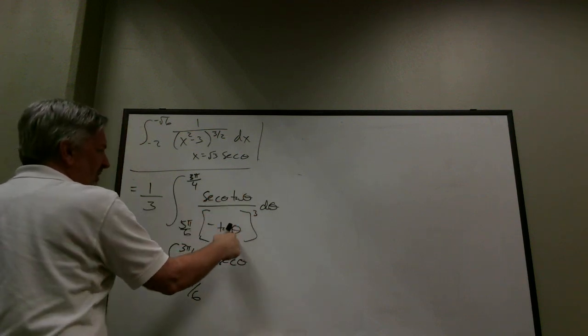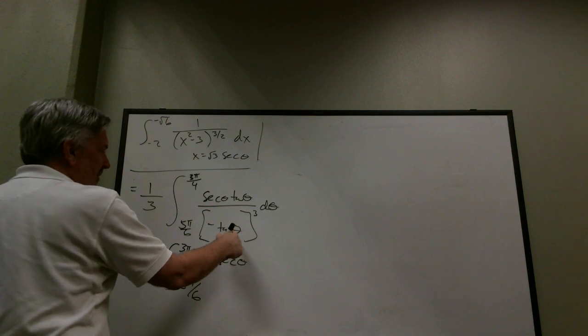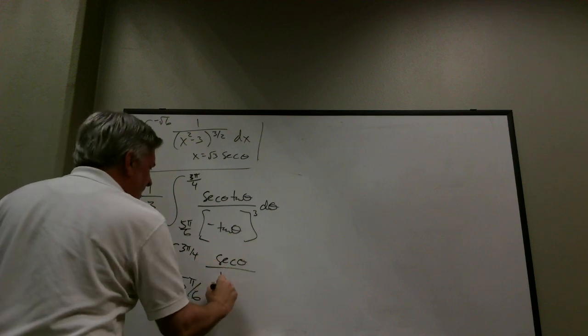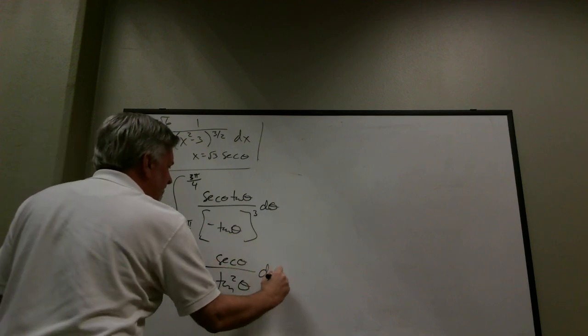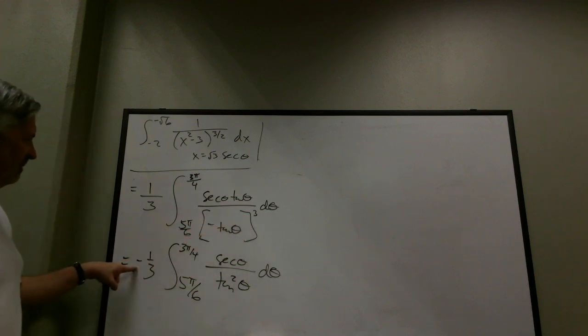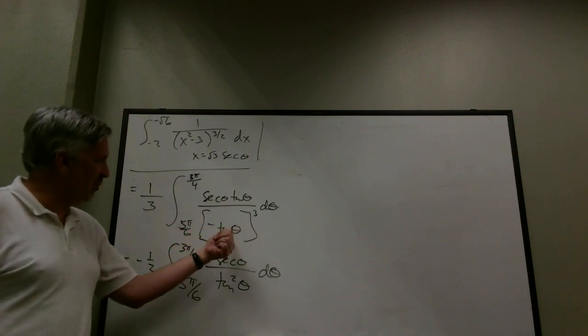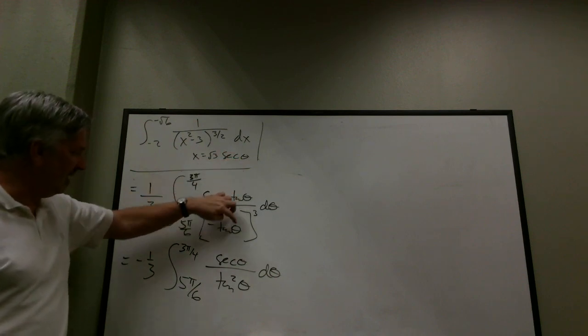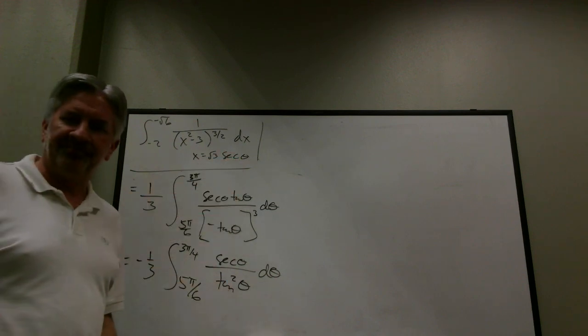So I'm going to have a tan over a tan cubed, so one of them cancels, and you get tangent squared. Let me check myself. So negative 1 cubed is negative 1. I pulled that out front. I'm going to have a tangent cubed in the denominator, but you can cancel one of the tans with one of the tans in the tangent cubed. That gives me a tangent squared.